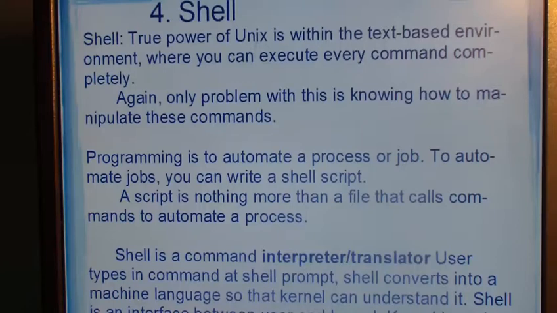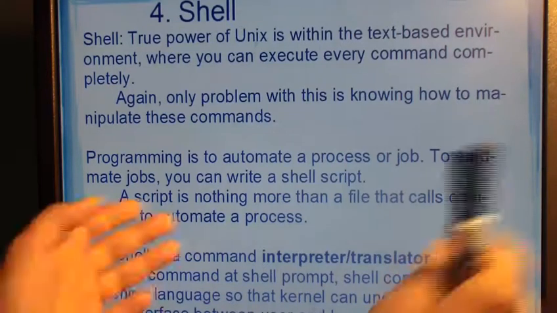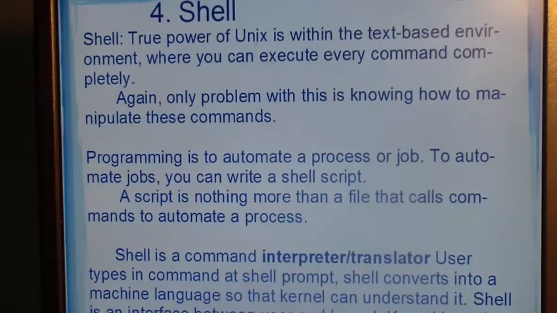It's like an interface which can understand the language of both people, like users, and kernel. So that is called the shell interface. Kernel is at the heart of Unix. Sometimes kernel itself is called Unix, and the remaining are all additional programs. So kernel is important, and that is the heart of Unix.